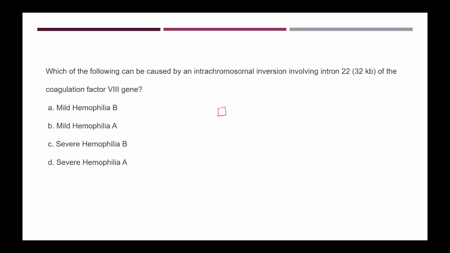So there also we have several exons in the gene coding for the factor 8. So in that only, if there is some intrachromosomal inversion involving the intron 22, it has some 24 introns.